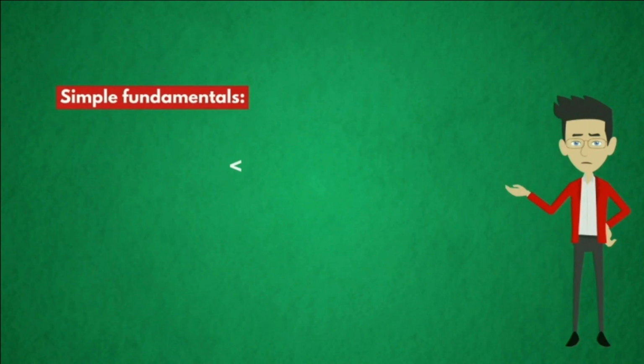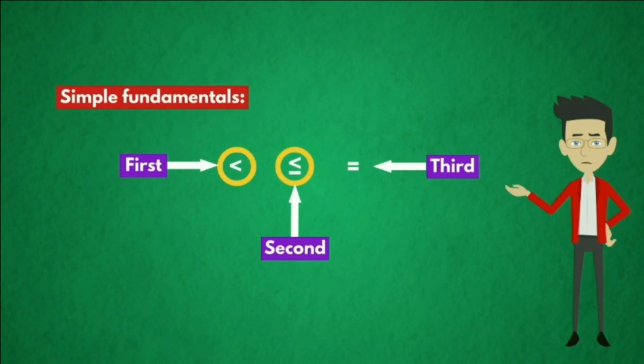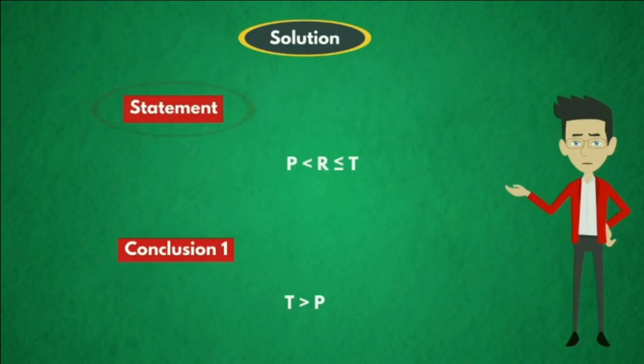If there is a combination of less than or equal to and equal to symbols, then we give first priority to the less than symbol, second priority to the less than or equal to symbol, and third priority to the equal to symbol. So here P less than R less than or equal to T. We can say that T greater than P. So conclusion 1 is true.